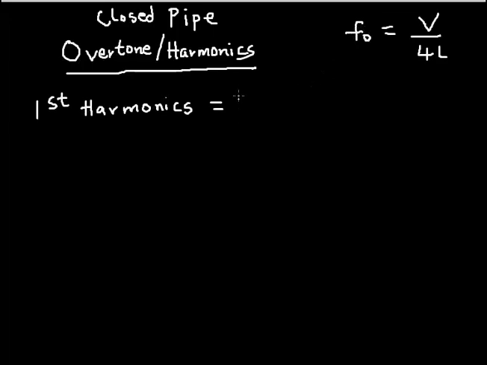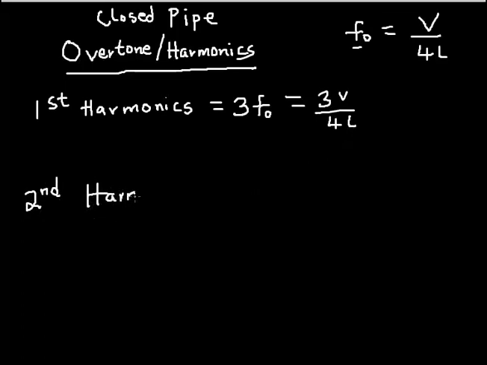So that means the first harmonic is gonna be the first odd multiple of f0, that is 3 times f0, which can be 3v all over 4l. Simple. Just remember that the harmonics of a closed pipe are odd multiples of the fundamental frequency.